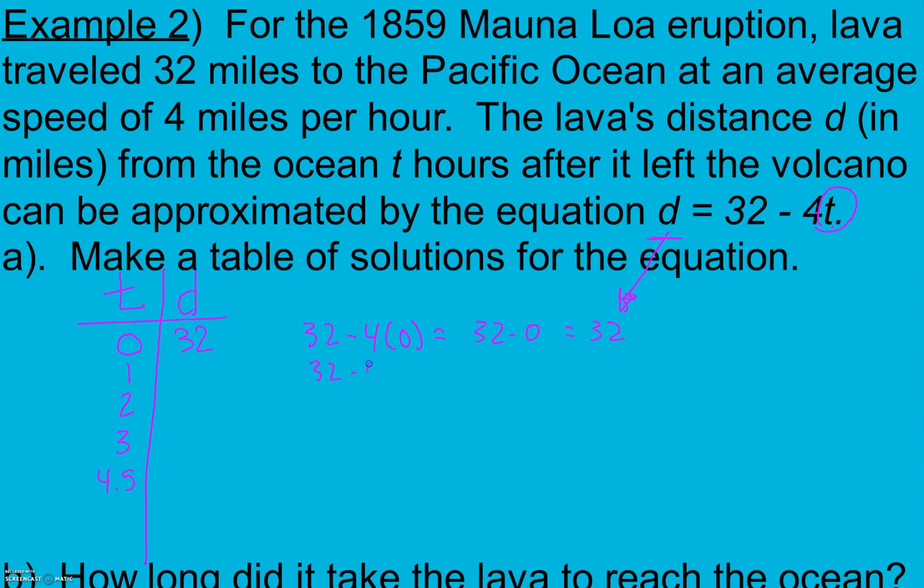Same idea with the 1. I substitute my t value in for t, and I simplify it to get my d value, which here was 28. Again, I have t equals 2, so I plug it in.